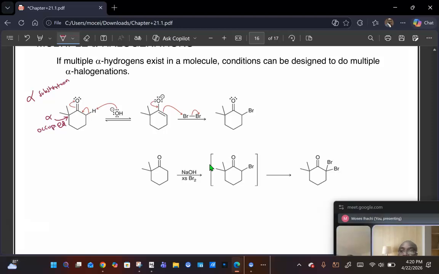Once one side is occupied, you're not going to go Zaitsev. You have to go Hofmann. It's the only choice. And you don't start with a P step here because you are in basic conditions. Yeah, you actually do a D step. Then you can do your alpha substitution by SN2. That's an SN2 because you have a good leaving group.